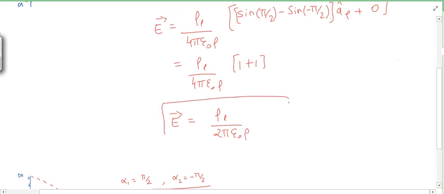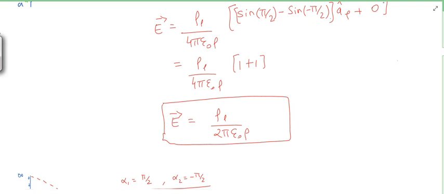So in this we need not know the angles, because alpha 1 and alpha 2 have become 90 degrees. So directly if we know the perpendicular distance only, we can find the electric field at a certain point due to the infinite line charge. So this is my case 1.